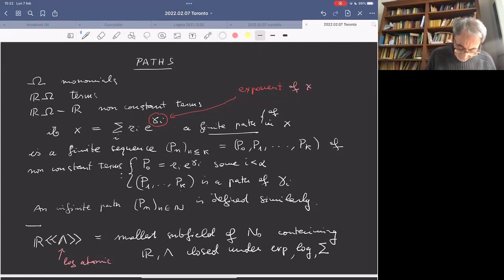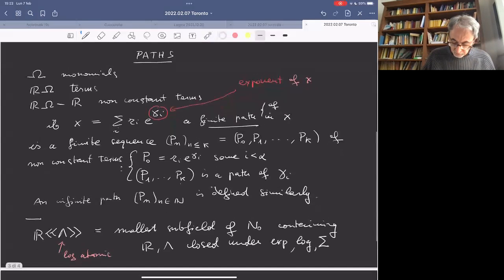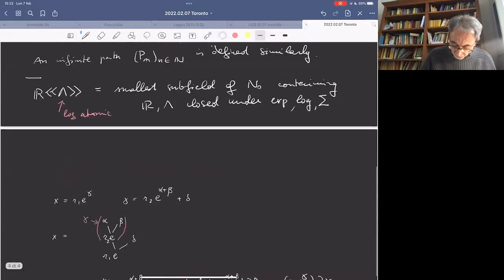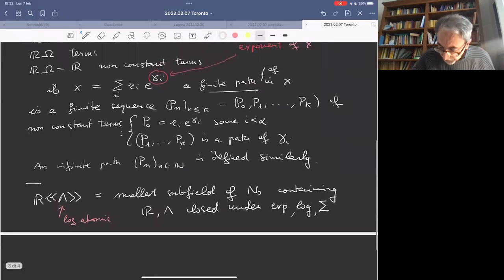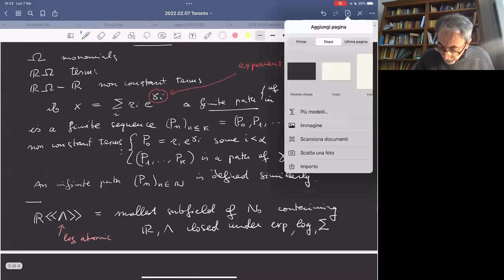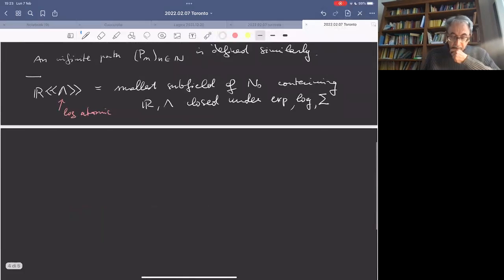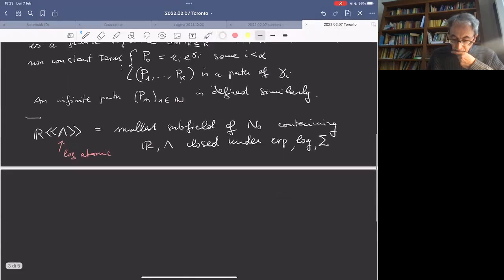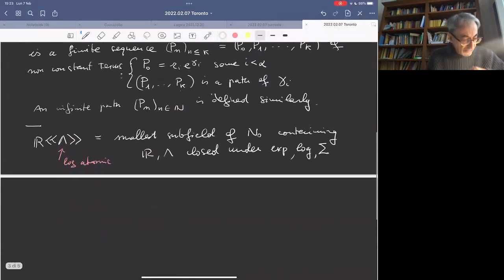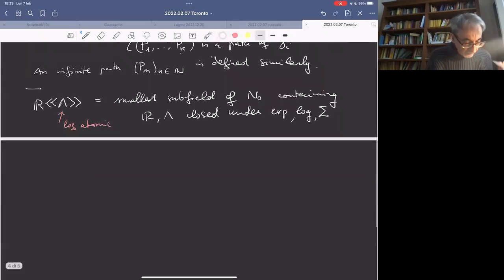So this contains properly, maybe I should do it in the next page, but the next page is already busy, so let me add one page here. Okay, we have the following picture here.